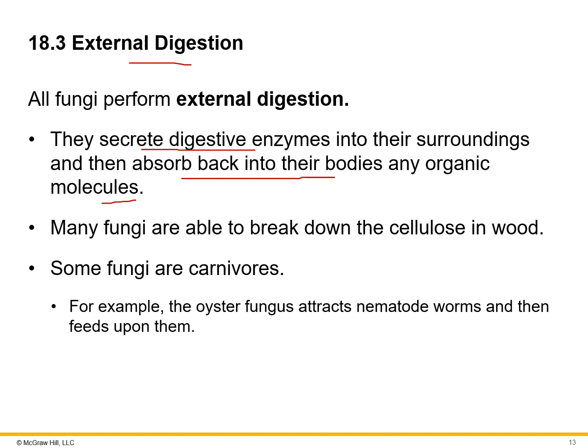For example, many of them have the enzyme cellulase to break down cellulose, the cell wall of plants, that releases glucose, which they then absorb into the organism. Some of them are even carnivores, meaning they can eat meat. For example, they release proteases. The oyster fungus attracts nematode worms, and then they actually break down those worms and feed on them.